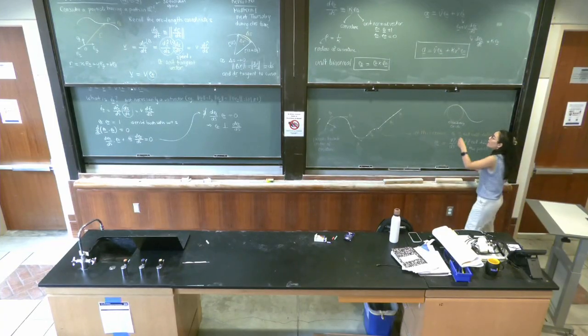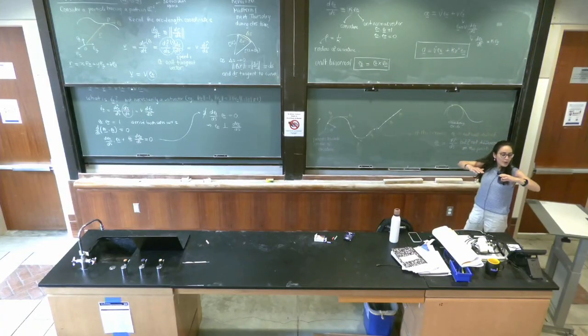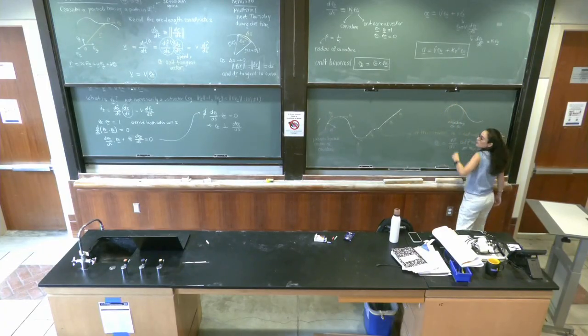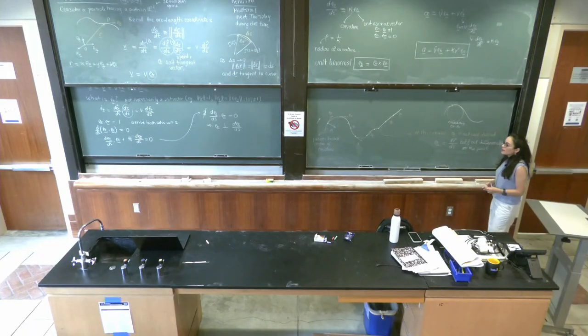So whenever I have a point on the curve, this point defines an osculating circle. One way to think about it is that the circle passes by this point and is tangent to this line. Another way to think about it is that the point before it and the point after it, 3 points, define a circle.